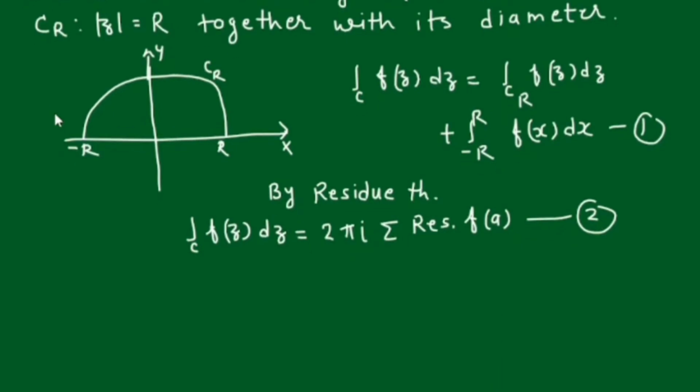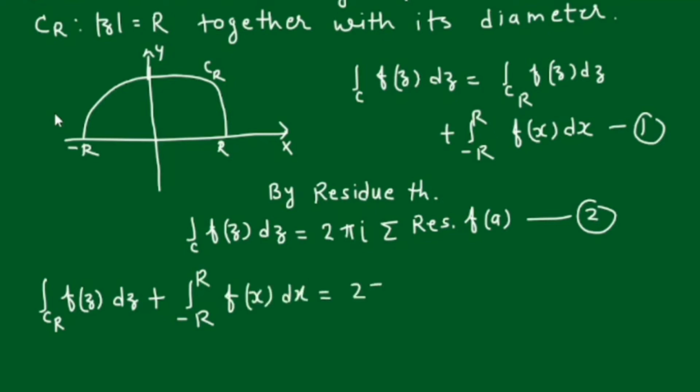From equations 1 and 2 we can conclude that the integral along C_R of f(z) dz plus the integral from minus R to plus R of f(x) dx is equal to 2 pi i times the sum of the residues. Suppose it is equation 3.